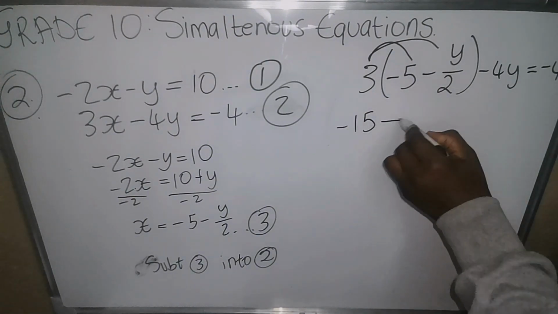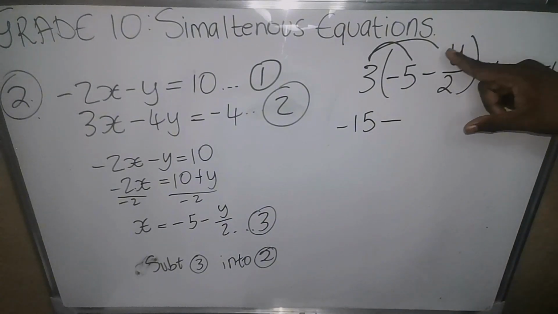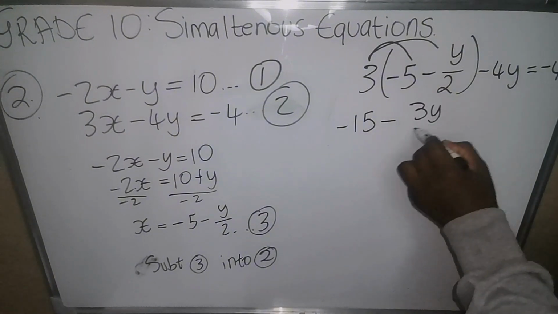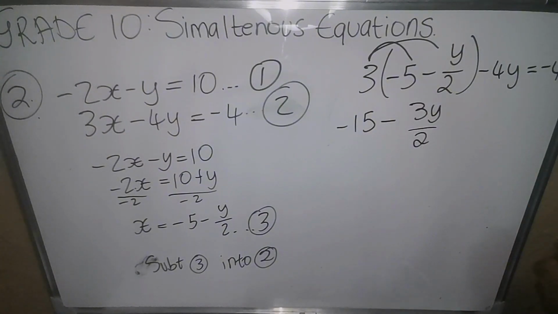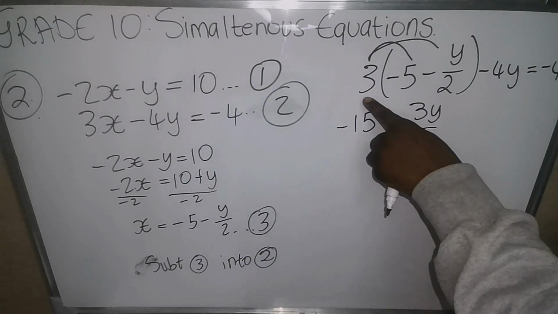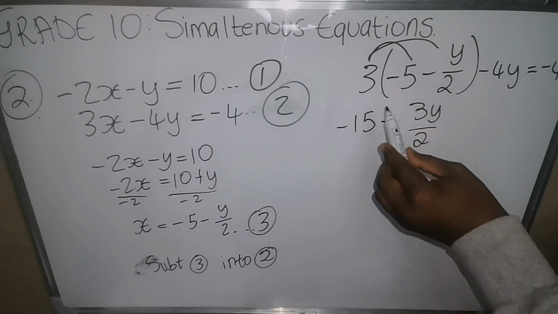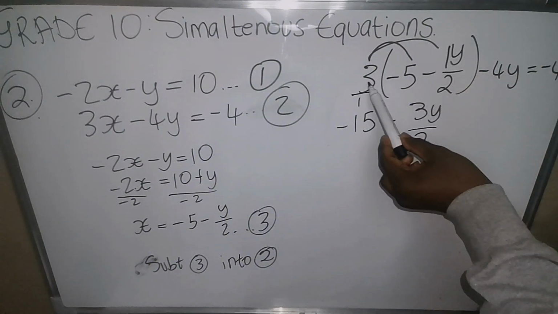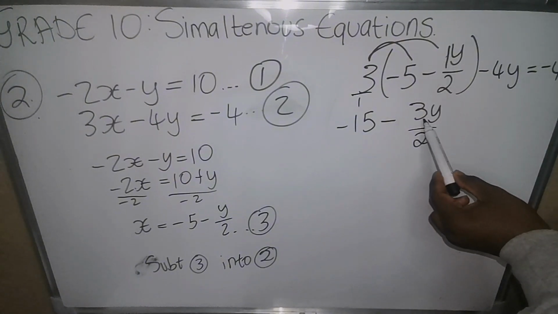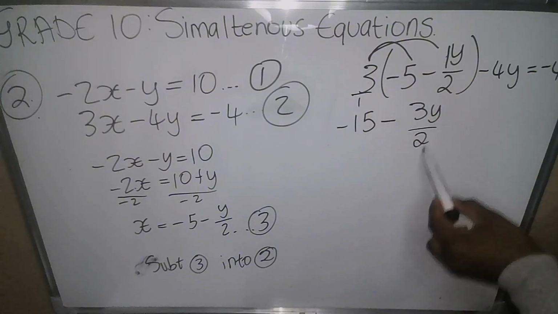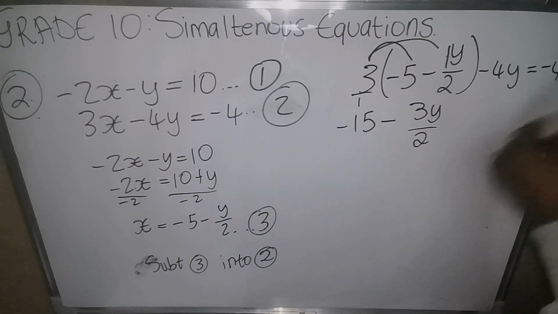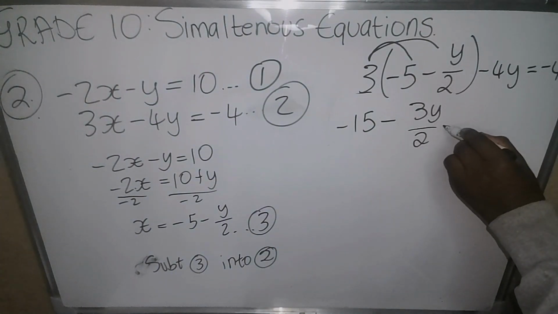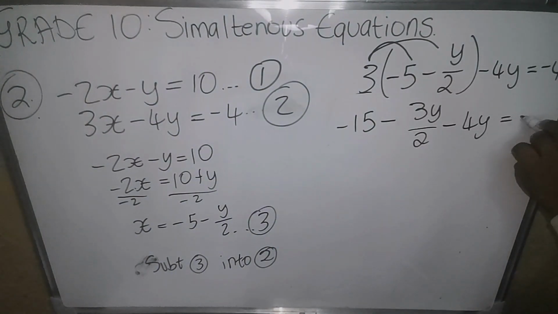Then minus 3 times y over 2 will be 3y divided by 2, because it's the same as saying numerator times numerator, denominator times denominator. Like 3 over 1 times y over 2: this 3 multiplied by this negative 1 is negative 3, then this 1 times this 2 is 2, and y remains. So it's the same thing. Then now minus 4y equal to negative 4.